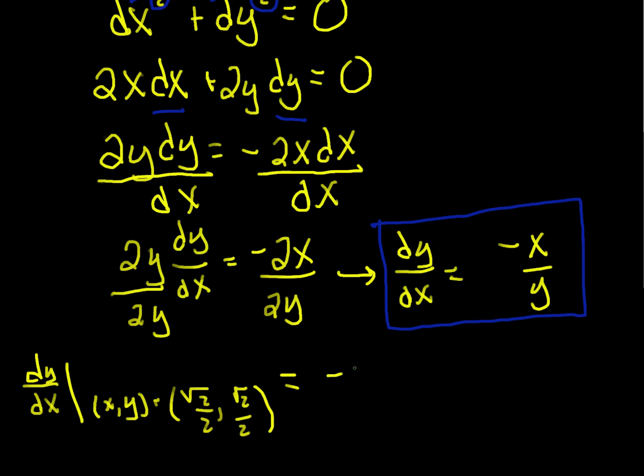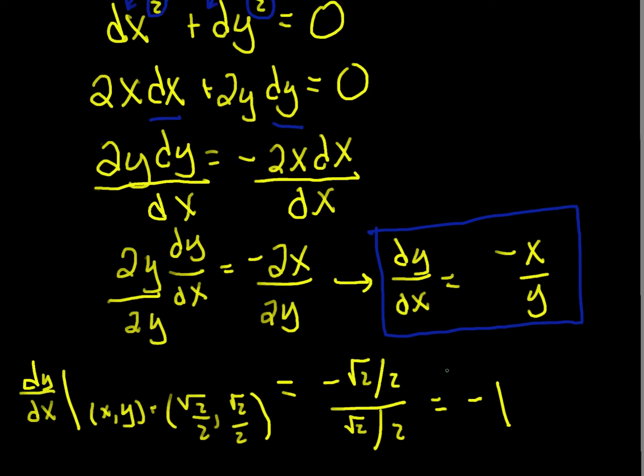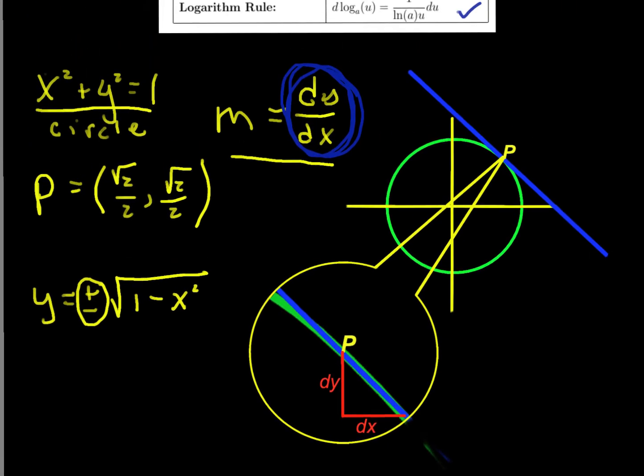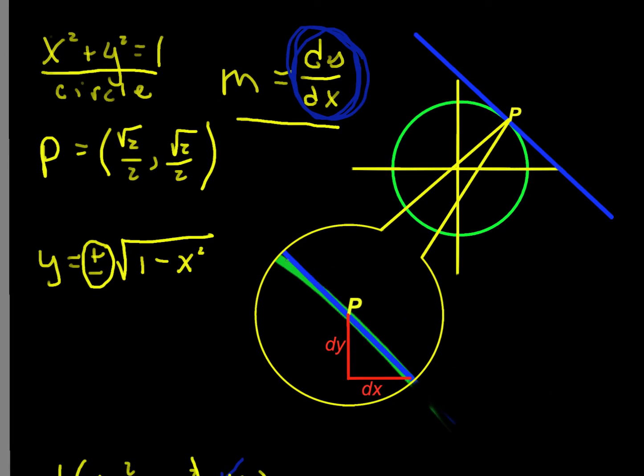So it's going to be negative root 2 over 2 divided by root 2 over 2, which is equal to negative 1. So our slope, back to the original problem, the slope at this point is negative 1.